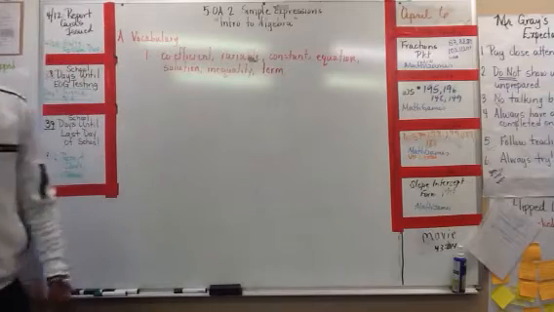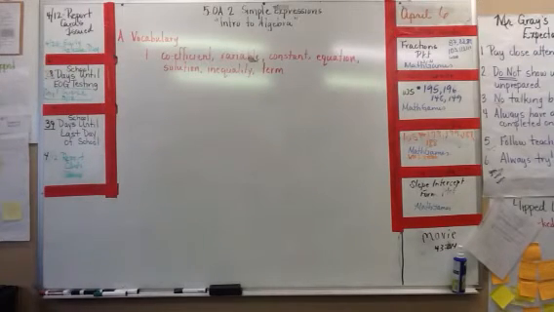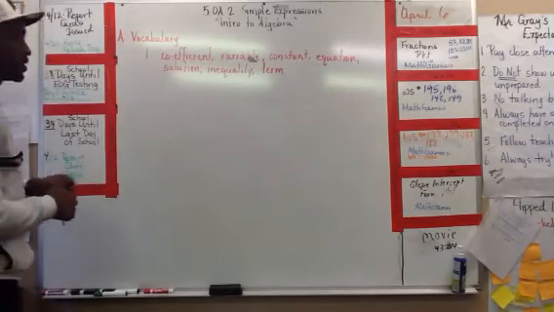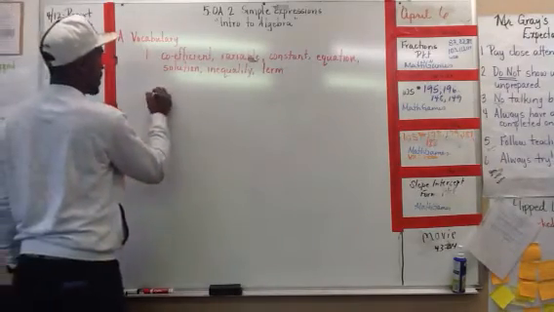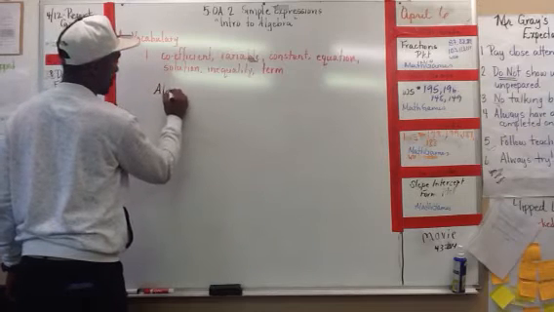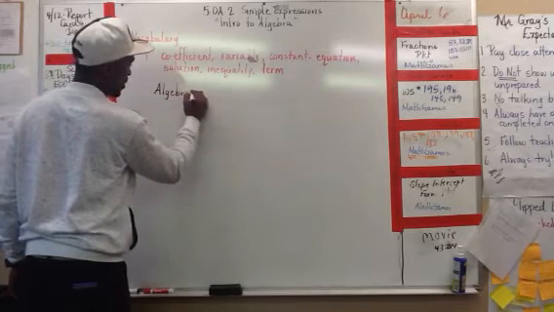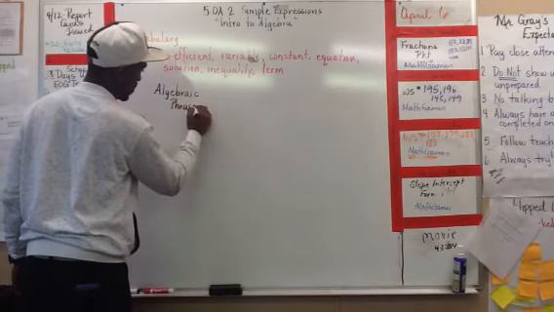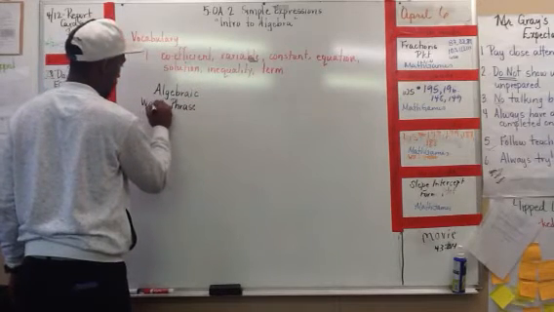Okay? We're going to use our knowledge of cracking the math code terms to turn word or algebraic phrases into expressions. For example, this is what we call the algebraic phrase, the word phrase.